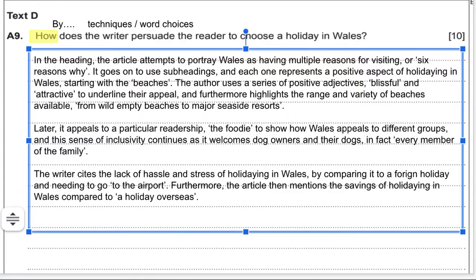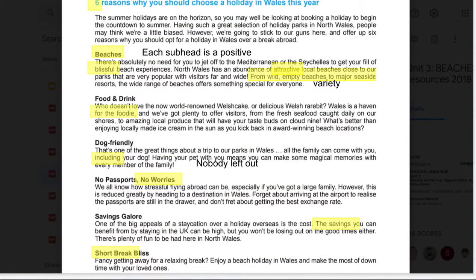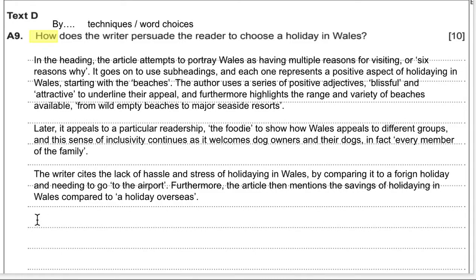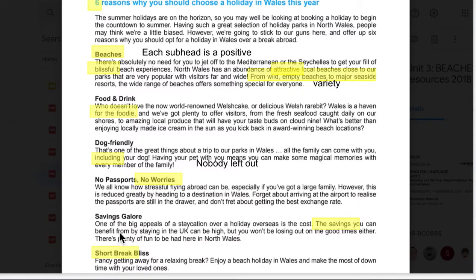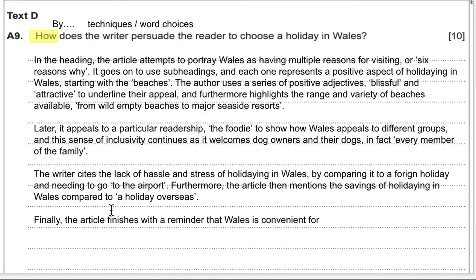Then let's just add in one more. Finally, the article finishes with a reminder that Wales is convenient for short breaks.